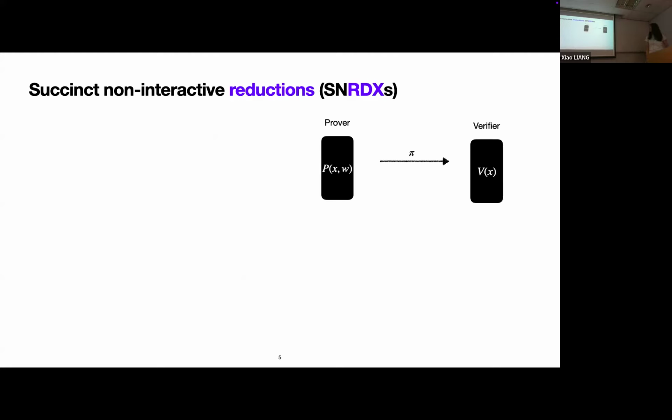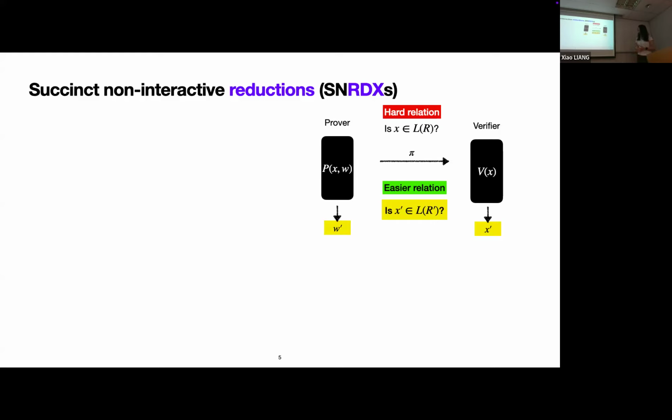And here we still have the prover and verifier, and they send some proof. In addition to that, the prover also will output some new witness W prime, and the verifier will output some new instance X prime. The idea is that instead of trying to convince the verifier of a statement that X is in some relation, the prover will try to reduce an instance in a harder relation to an easier relation.